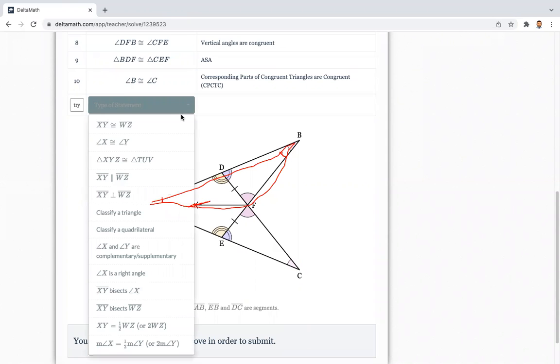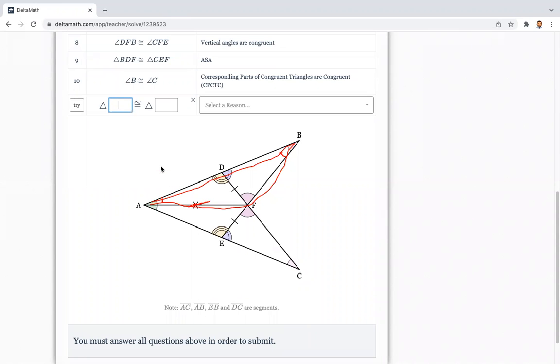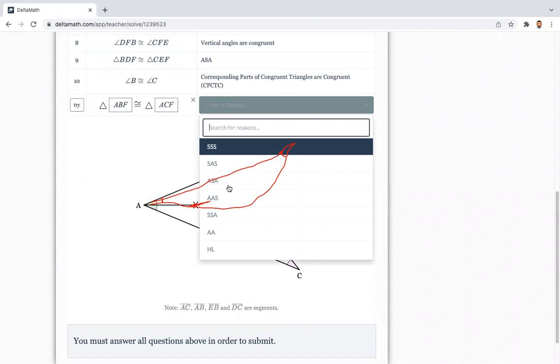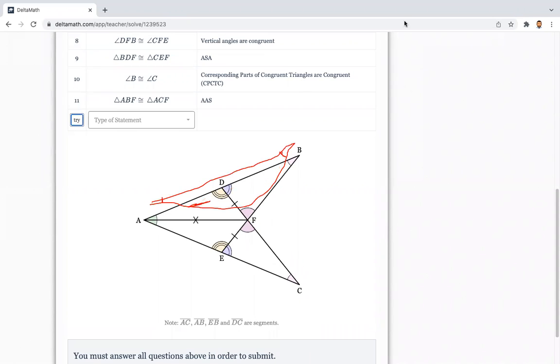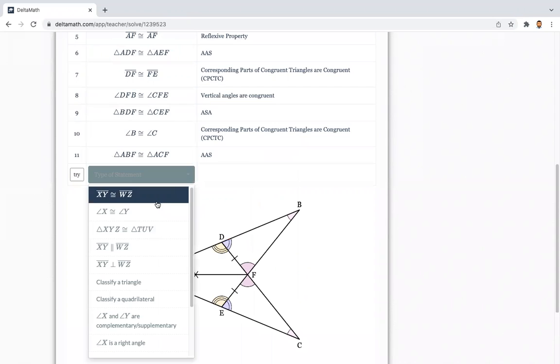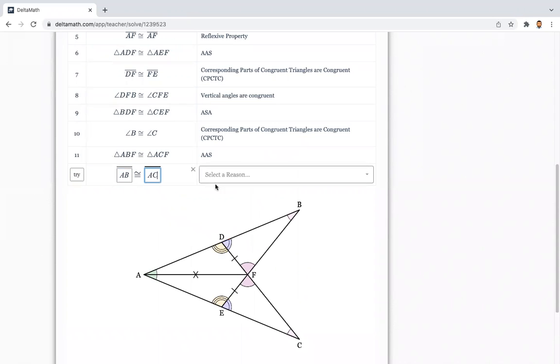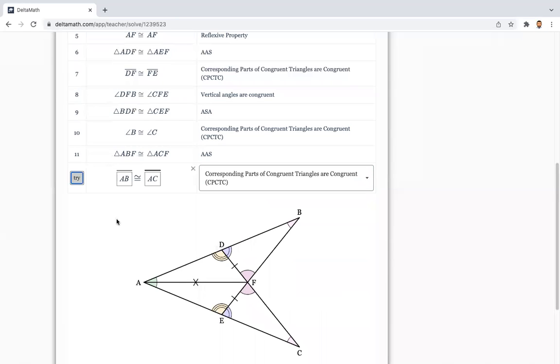Factor that in. What was I trying to say? ABF is congruent to ACF, angle, angle, side. Good. And then what was I trying to prove? AB to AC. Yeah, we're good to go. AB to AC, CPCTC.